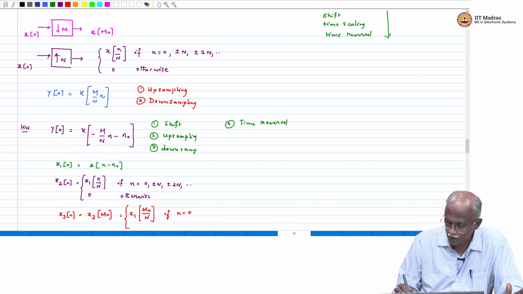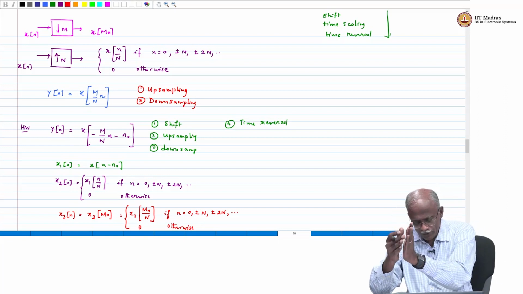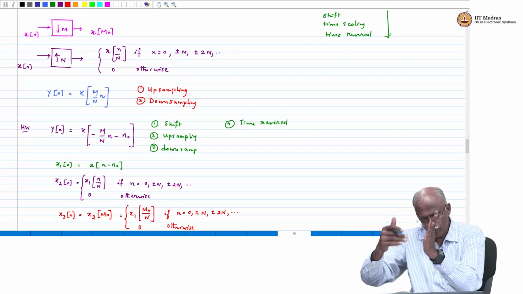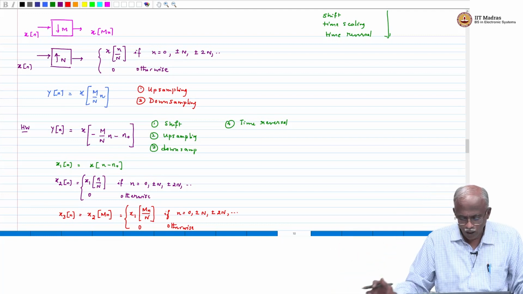If n equal to 0 plus minus N plus minus 2N and so on, equal to 0 otherwise. So, basically the original condition still holds. That is the definition of x2 of n. It is defined to be equal to this, the argument divided by N for these values. So, same condition holds.